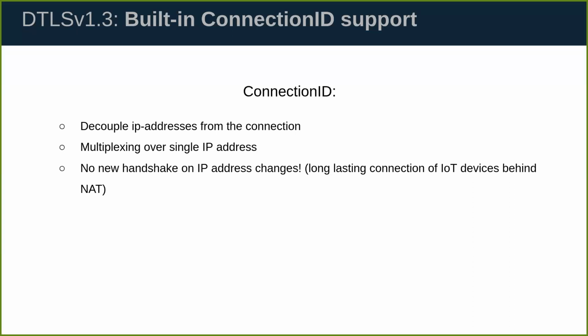Also, no new handshake on IP changes. So long-standing connections of IoT devices, for example, behind a NAT or whatever other device that experiences IP address changes. With the connection ID, you don't need to perform an entire new handshake for that. You can just piggyback off of the previous one, just resume where you left off.